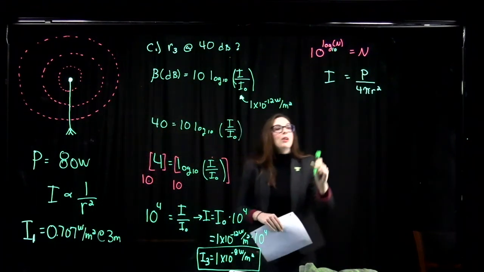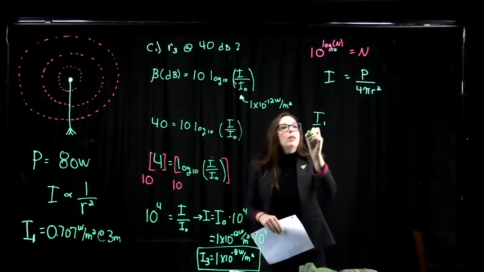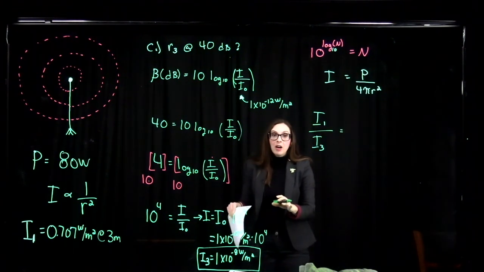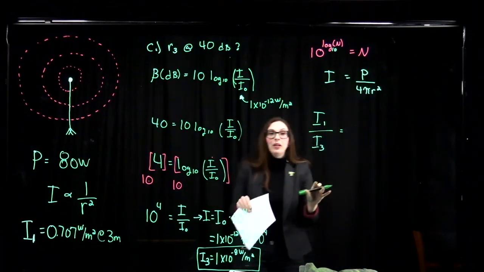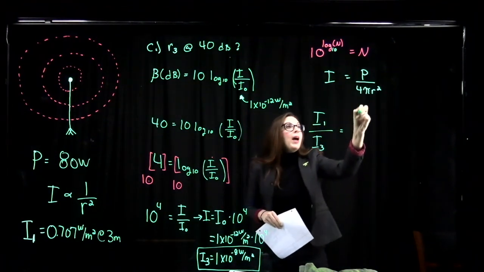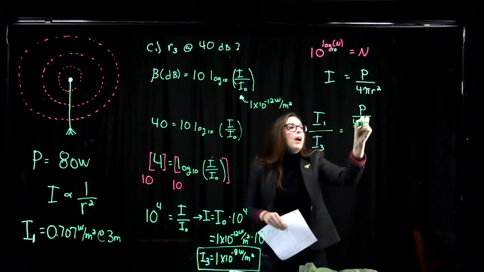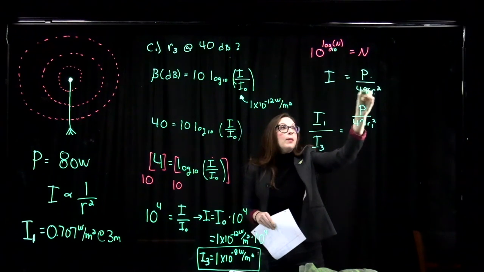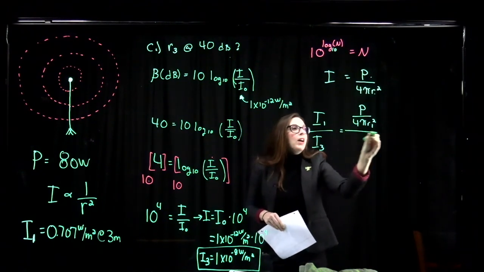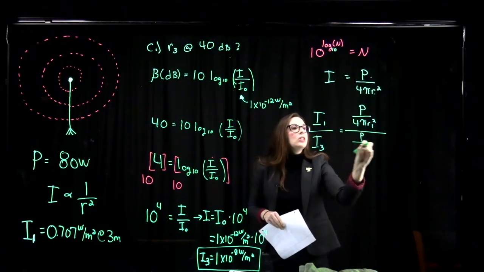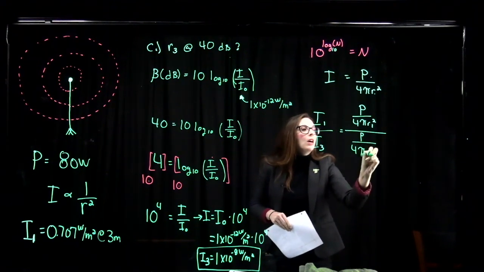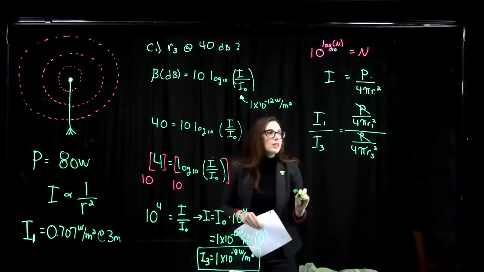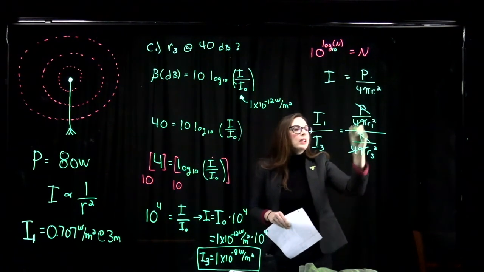Now, we can set up a ratio where I1 over I3 equals the power of the source divided by 4 pi R1 squared, because we saw that the intensity of the sound is equal to the power divided by 4 pi r squared, divided by the power of the source, which doesn't change, divided by 4 pi r3 squared. So the powers cancel on top and bottom because those are the same, and the 4 pi cancels too.